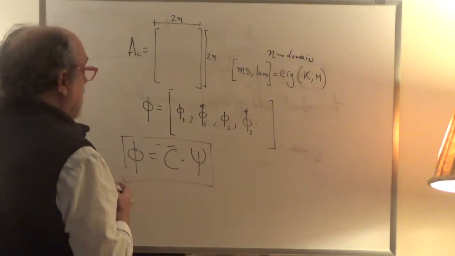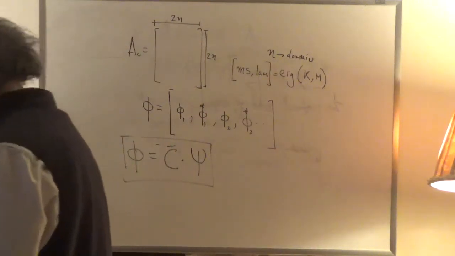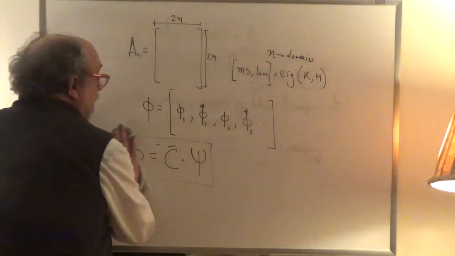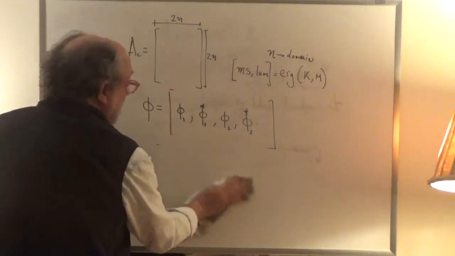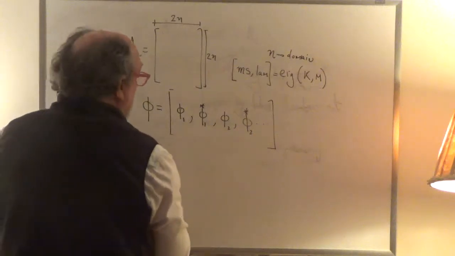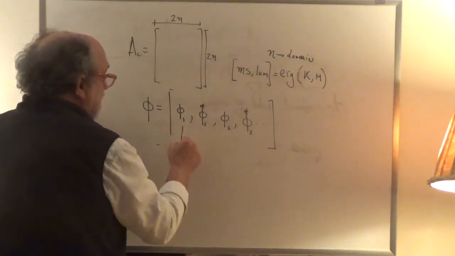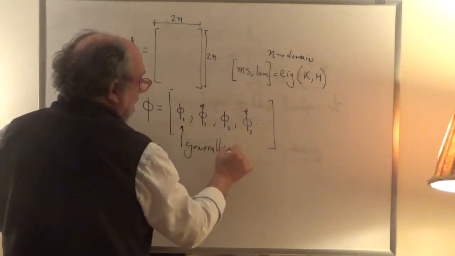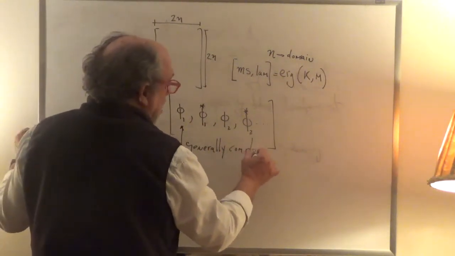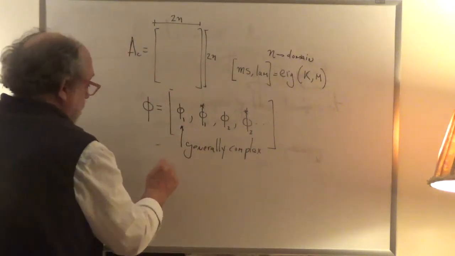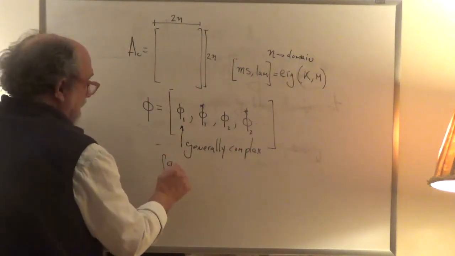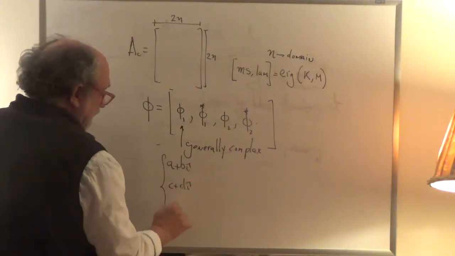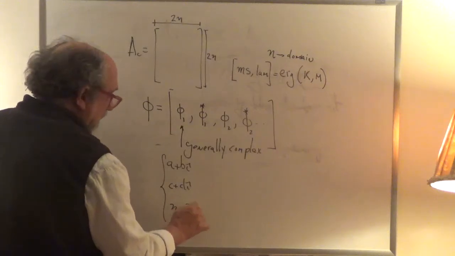Now, let's see. We then face the issue that the mode shapes in real structures, when you calculate them as C times the eigenvectors of the A, are generally complex. Meaning that the mode shape could be, let's say, something like this: a plus bi, c plus di, n plus pi, something like that, right?